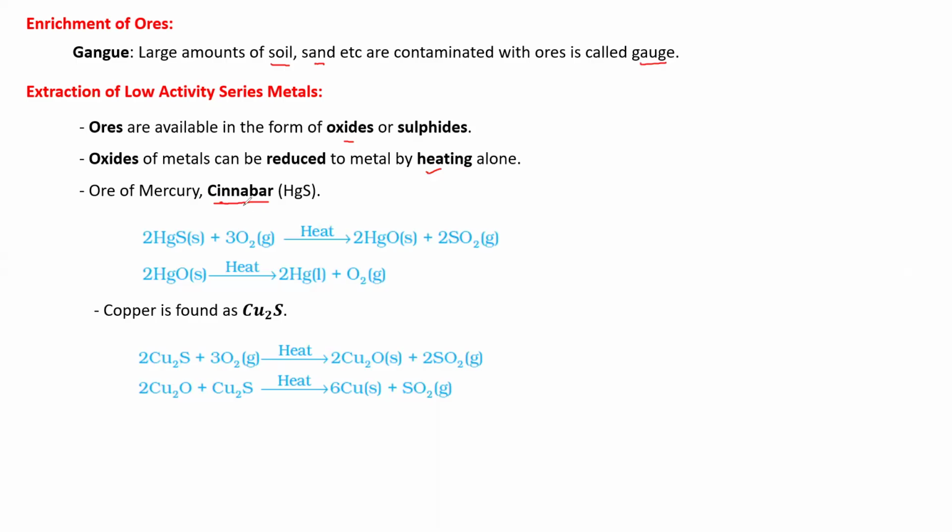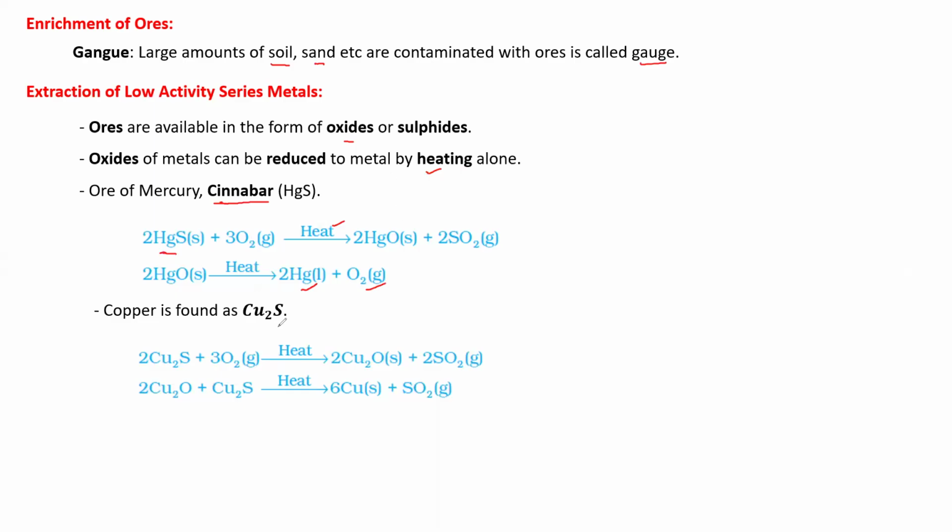So that you have to keep in mind. The name of the mercury ore is cinnabar. This HgS is going to react with oxygen. In the presence of heat, it forms the oxide and sulfur dioxide. And further, when this oxide is heated, we get the pure metal and oxygen is separated.